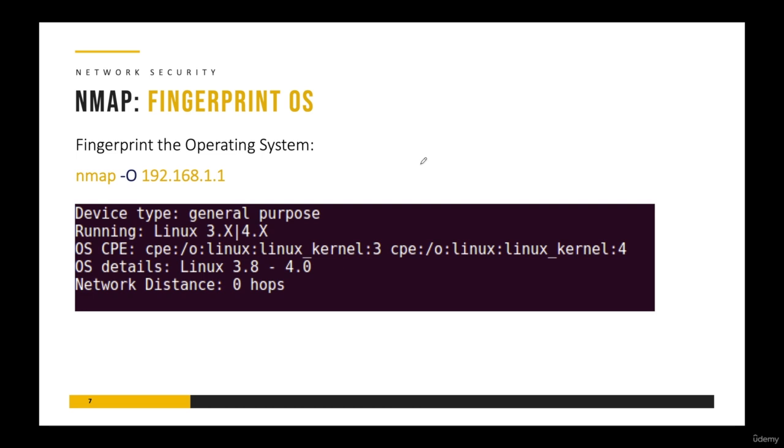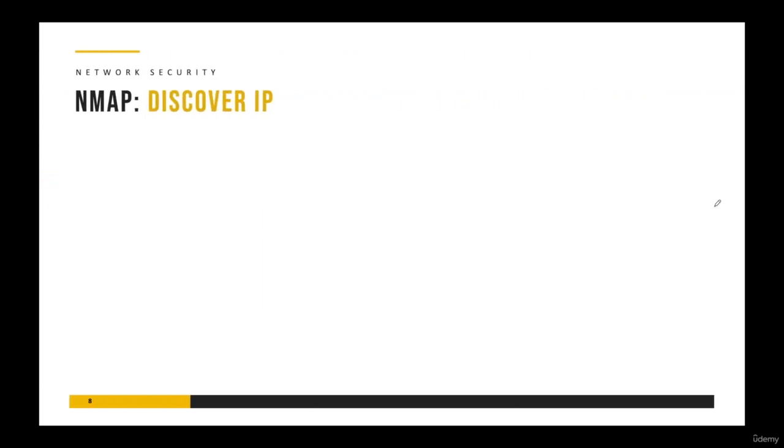In this instance, we see that it's a Linux kernel running on the destination. Now this gives a lot of firepower to the attacker because once he knows the exact operating system and the version, he can do some research offline and find out vulnerabilities or known weaknesses of that operating system and then target the attack.